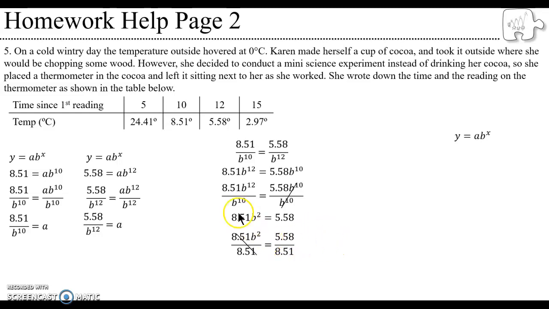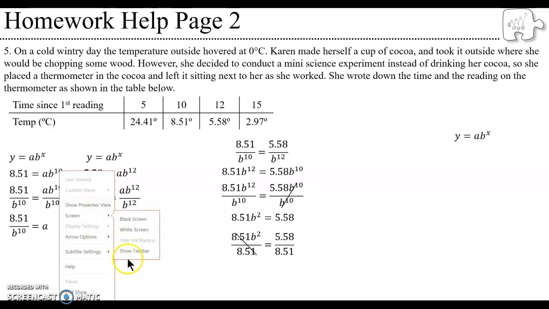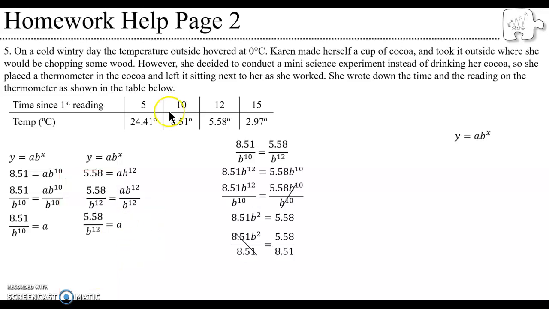Okay, and then we have to use a calculator. So let's pull up Desmos.com.